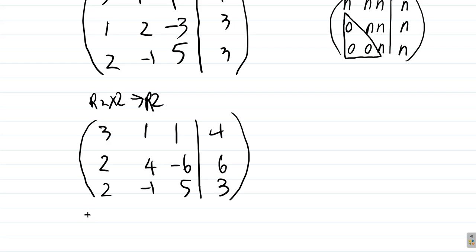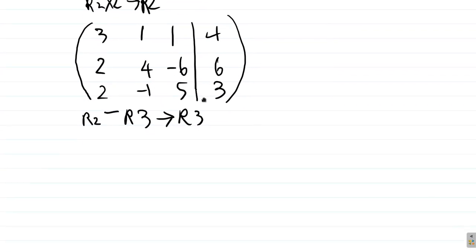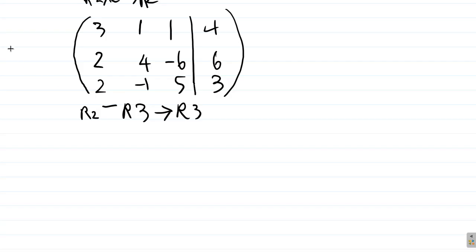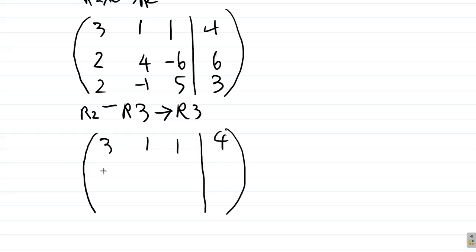Now, let's do row 2 minus row 3 to give us our new row 3. So we're going to get a new row 3. We get it from row 2 minus row 3. So we write back row 1, 3, 1, 1, 4. We write back our row 2, 2, 4, -6, 6.